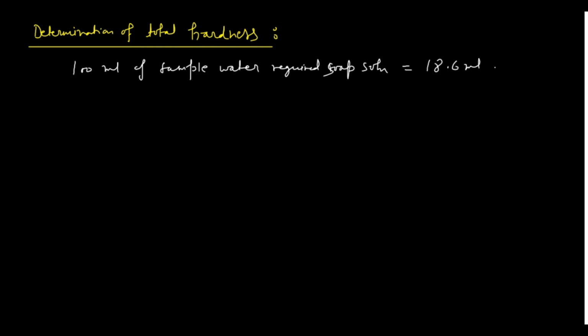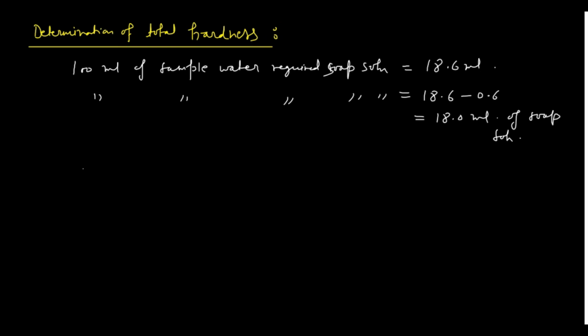There is no problem in that. And in every step you need to subtract your lather factor. 18.6 minus 0.6 ml, that is equals to what? 18.0 ml of soap solution, right?